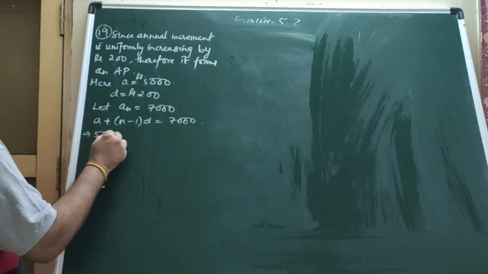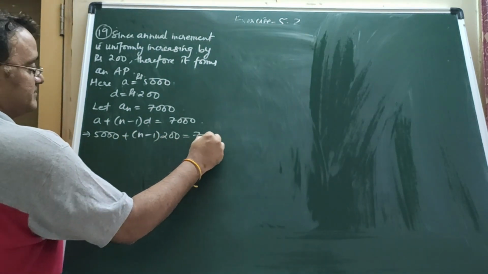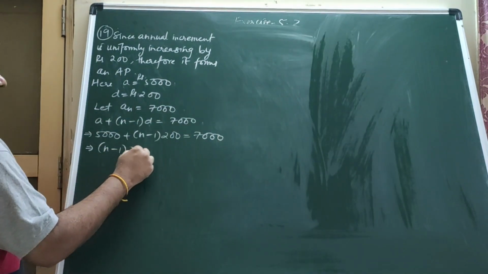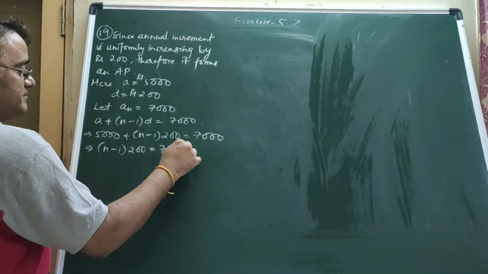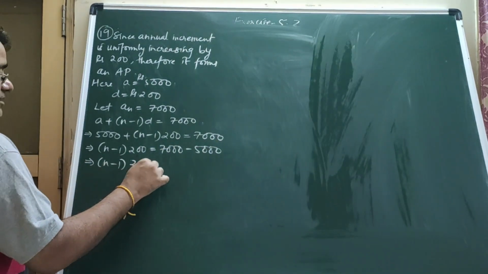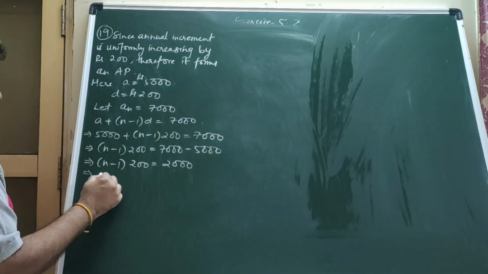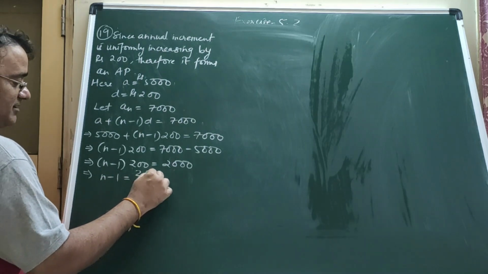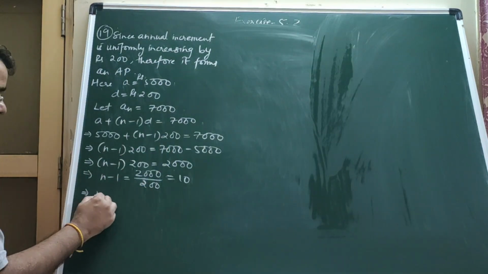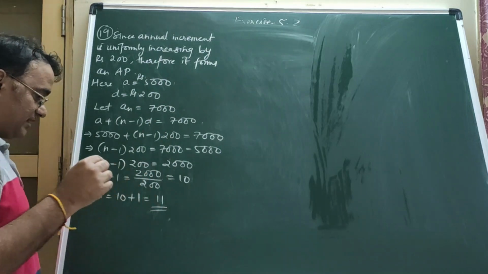A is 5,000 and d is 200. 5,000 को उधर शिफ्ट करेंगे, so it will become minus 5,000. 7,000 minus 5,000, it will be 2,000, and 2,000 divided by 200 is 10. Minus 1 will shift that side, so n is equals to 11.